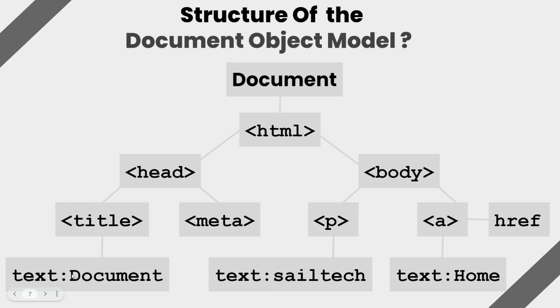So for the title here, we have the document text, and for the paragraph element, we have the sale tech, which is a text element, and we also have the home text here for the anchor. So you can see that the DOM actually structures them, beginning with the document, the HTML, the head and the body, the tags within the head and the body, and lastly the content within those tags. So that's how the entire structure of the DOM looks.